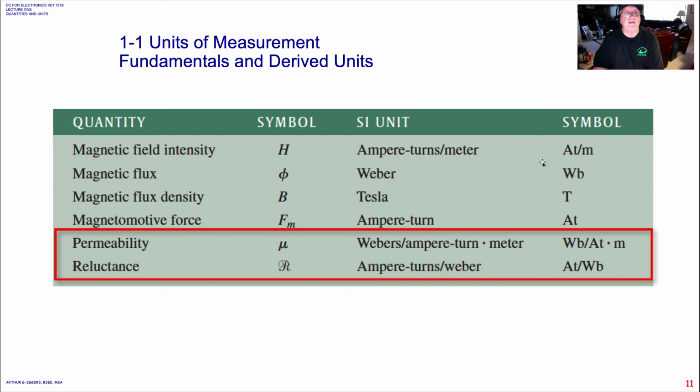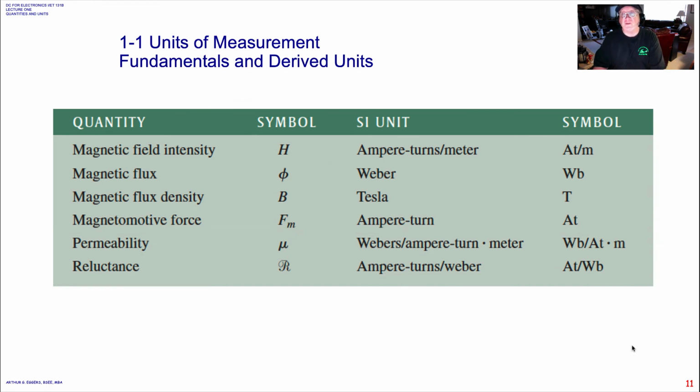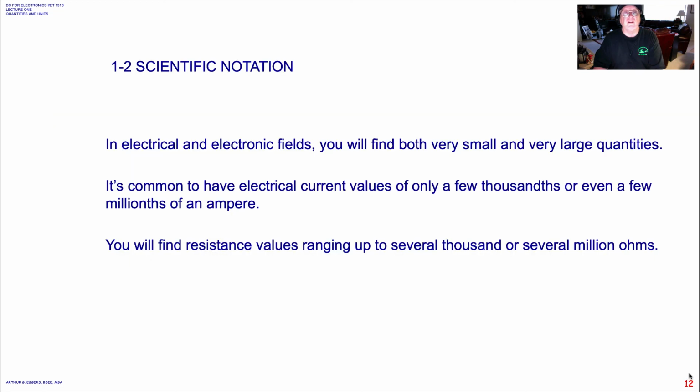So we've taken the magnetic field intensity, we've stuffed it into the denominator, and we're dividing it into the magnetic flux, or Weber. The last one, reluctance, the stylized R, ampere turns per Weber. Now we've combined these terms. So we've taken fundamental values, fundamental units, and created units from them that we call the derived units.